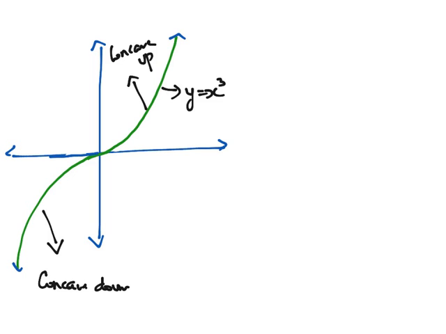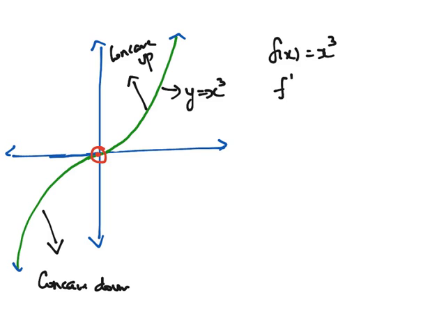At this point the concavity changes. So let me find out. I'll write f of x equal to x cubed. As I told you, before and after the point of inflection the first derivative has the same sign. So let me check whether it is true or not.